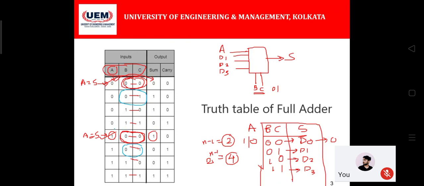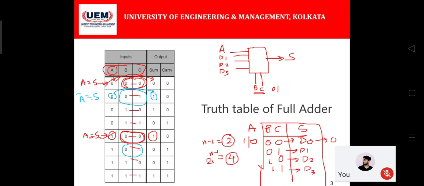Let's try to again relate the values of A to the sum part itself. Here you can see A is 0, but sum is 1. That means there is a complementary operation. So we can write down that A bar equals to sum, right?